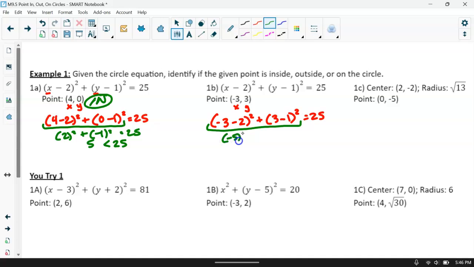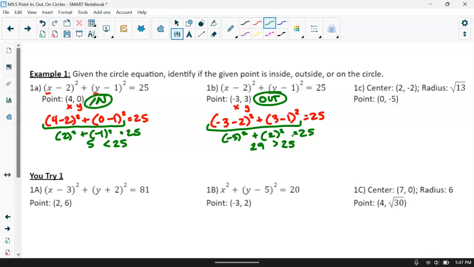So this is negative 5 squared plus 2 squared. And this gives us 29, which is greater than 25. So again, this is not on the circle. This is outside of our circle because we got greater than what our equation is set equal to, our r squared.